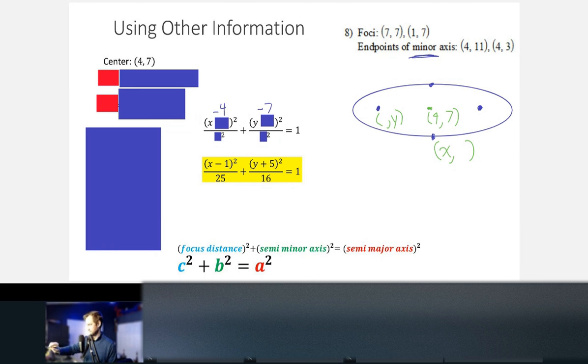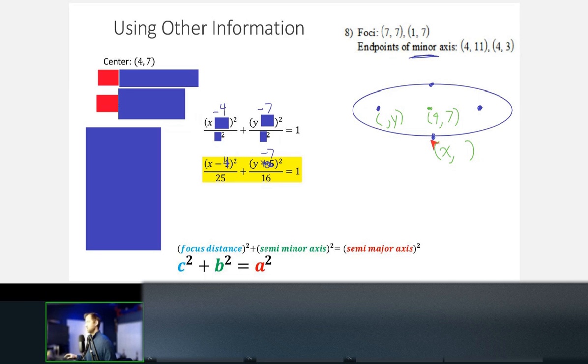So that's a 4. And then this is going to be a 7. All right. I wonder if that's the only thing I just forgot to type. Let's find out. All right.